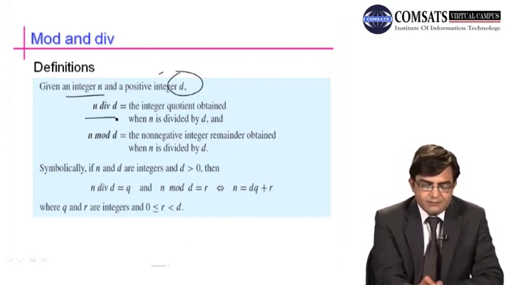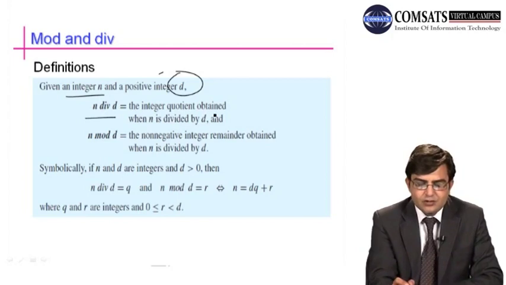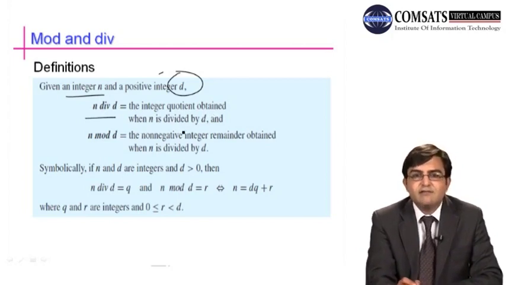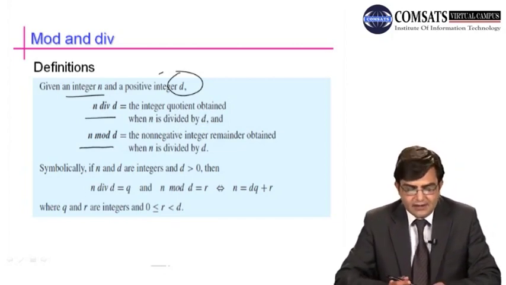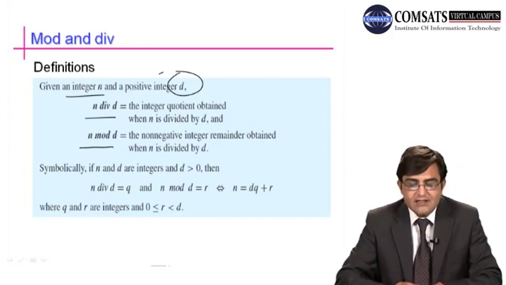Then n div d is the integer quotient obtained when n is divided by d, and n mod d is the non-negative integer remainder obtained when n is divided by d, as we have seen in the examples.